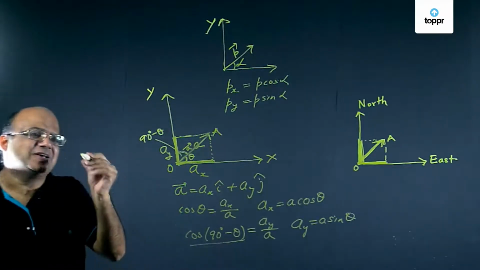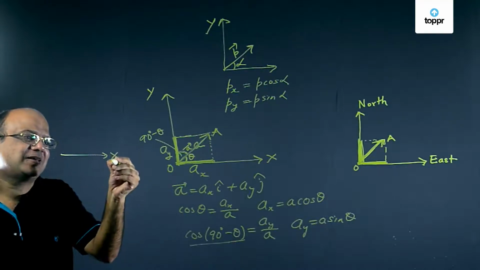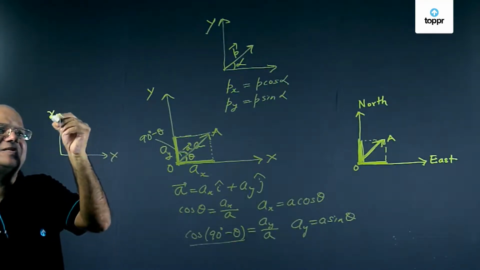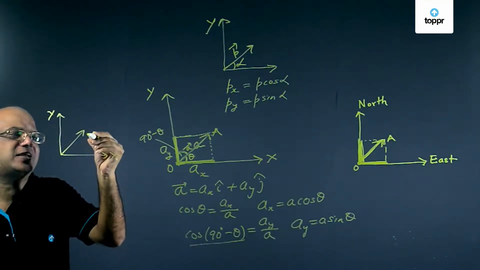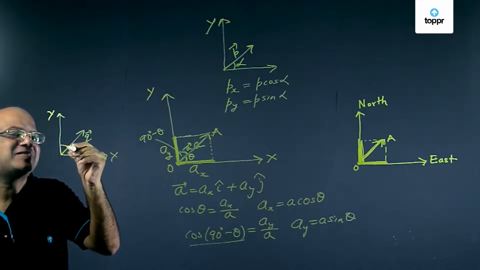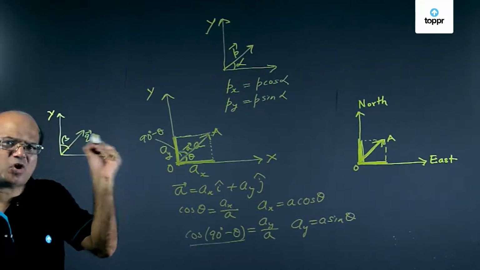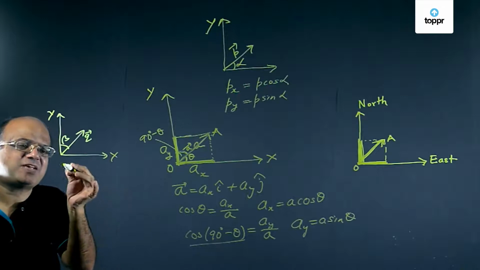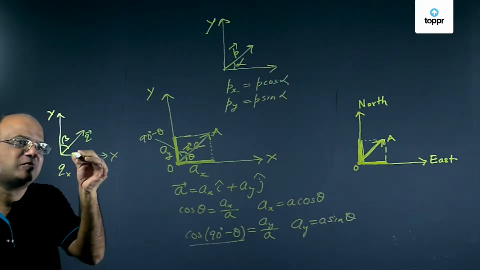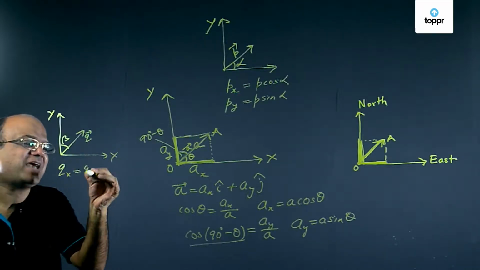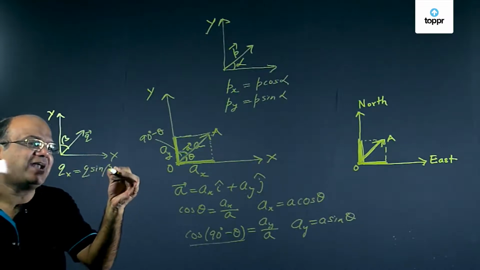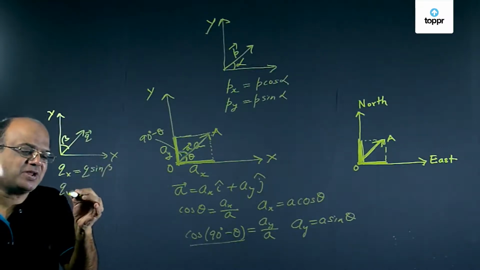Suppose this is x-axis, this is y-axis, and we have got a q vector like that. And this makes an angle beta with the y-axis now, not with the x-axis. So what is the x component? This angle we don't know. So this becomes sine component. And what is the y component? We know that angle.